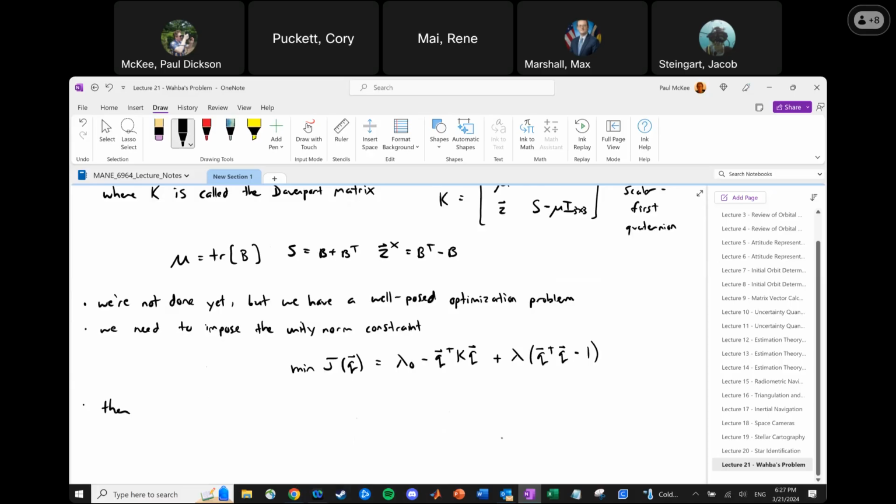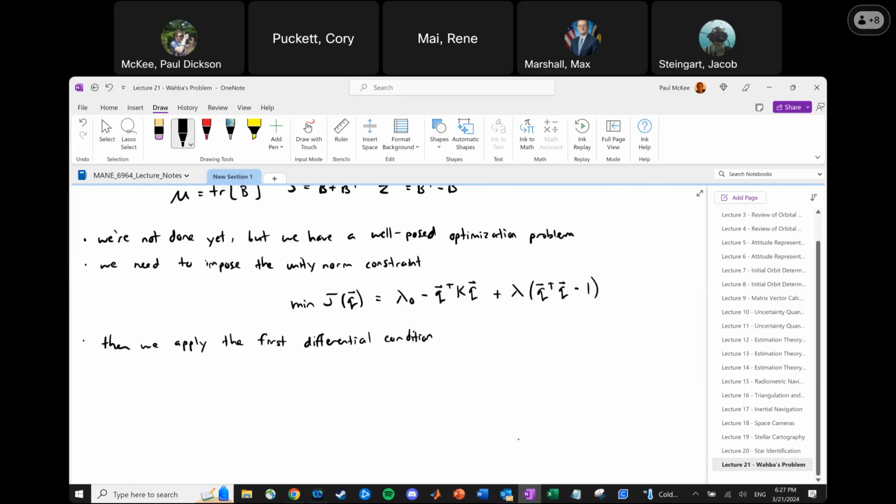So then we apply the first differential condition. And this is where, if anybody's still awake, I'm going to need some helpers with this bit.